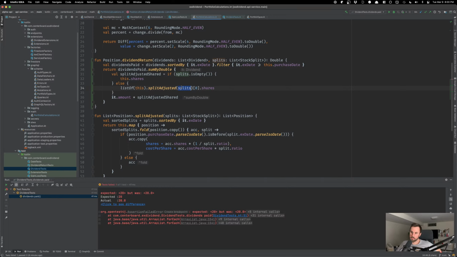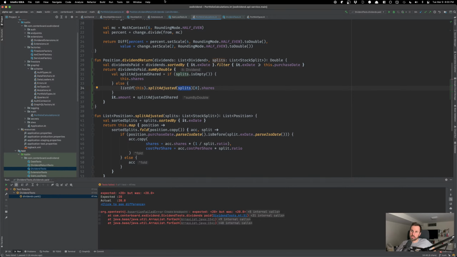But if we pass it all the splits, it's going to calculate all of the splits because it doesn't stop at a given date. So we actually have to filter out the splits that are after the dividend date. Filter out the splits after the dividend date, right?